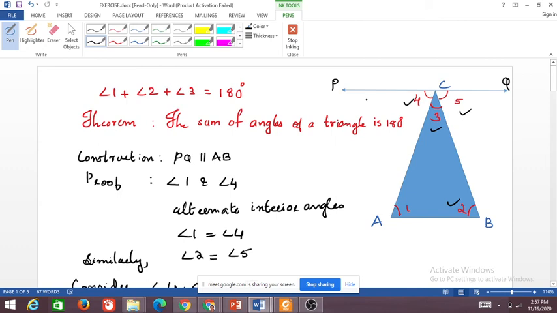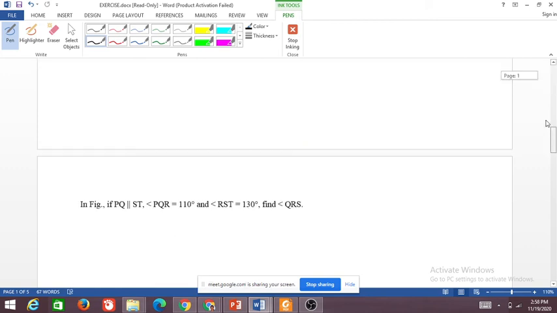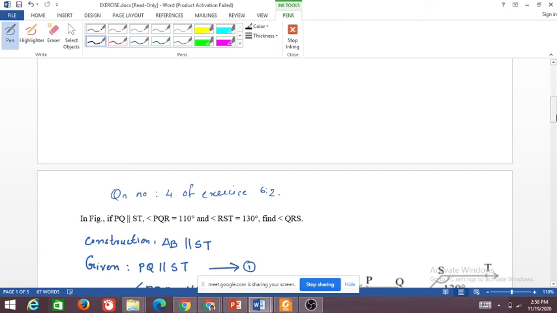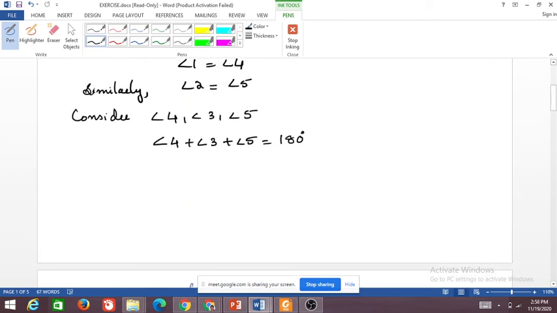So here if we consider AC to be a ray and PQ is a line, so CA is standing on the line PQ and angle 4 plus angle 3 plus angle 5 will be 180 degrees. So by that linear pair axiom, the sum of these three angles will be 180 degrees.